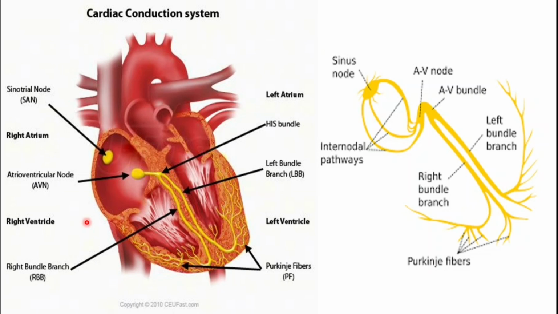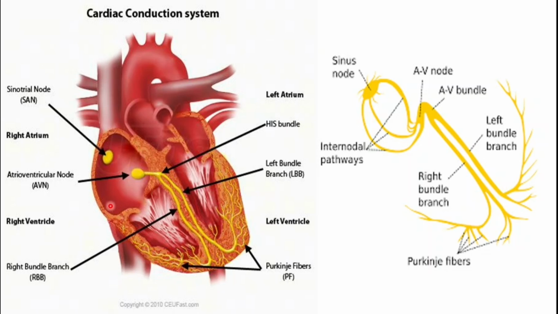So in the normal healthy person, in the healthy heart, the general rule is first the atria contract and then the ventricle contracts. So both the atria, the left and the right atria, contract simultaneously, and after the atria complete their contraction and undergo relaxation, then the ventricle contracts.